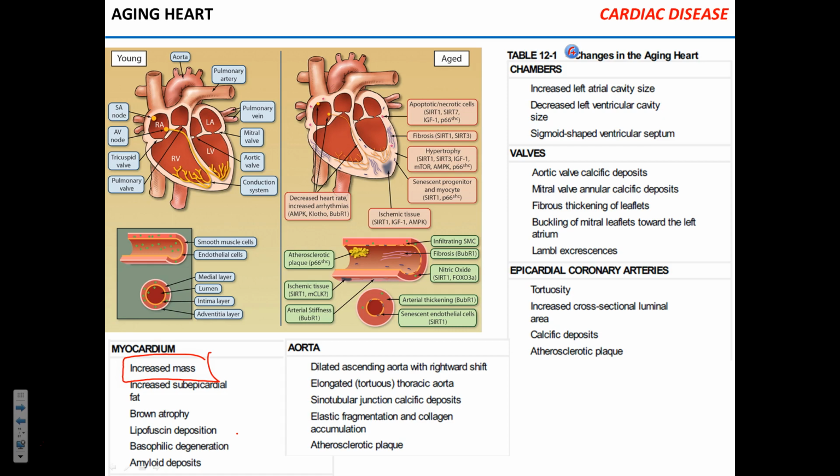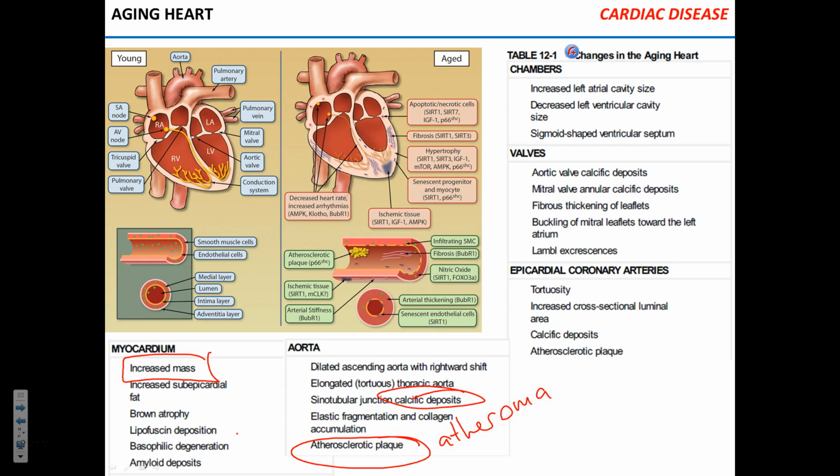Aorta. What I want to specifically highlight: plaques and deposits. Okay. So as we get older, the atherosclerotic plaques that are often called atheroma will accumulate in basically all blood vessels.